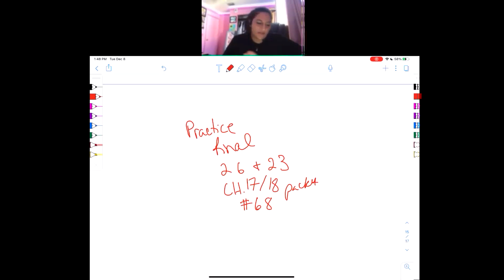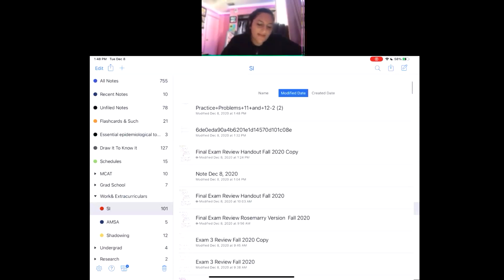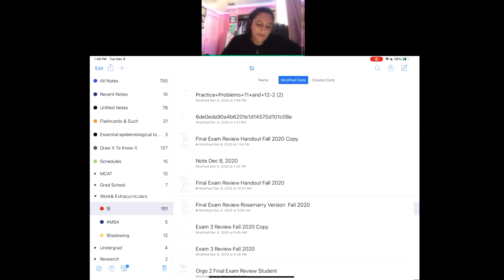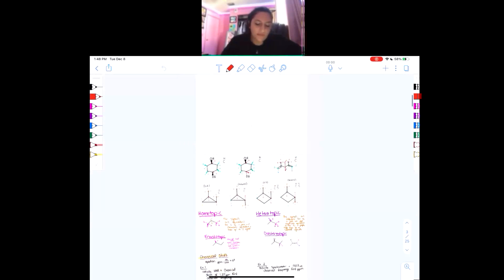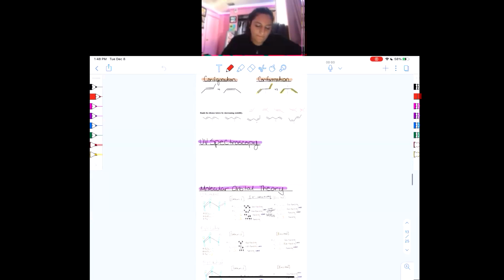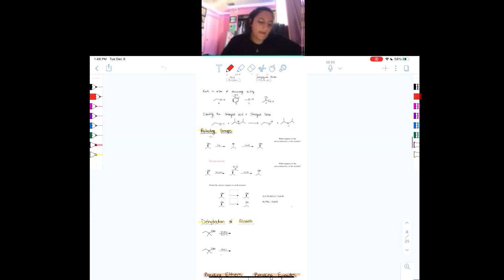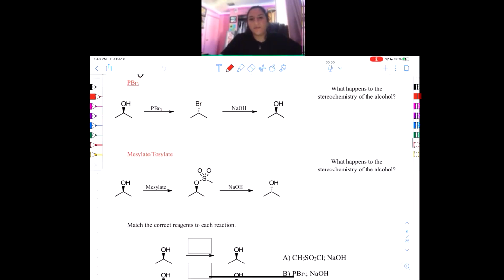But before we do that, someone said, wait, I thought tosylate and mesylate swap configuration. So let's actually go back to that real quick so nobody's confused there, because I know that's a weird one. Okay, so for protecting groups, in the first step, mesylate and tosylate are going to keep the stereochemistry.